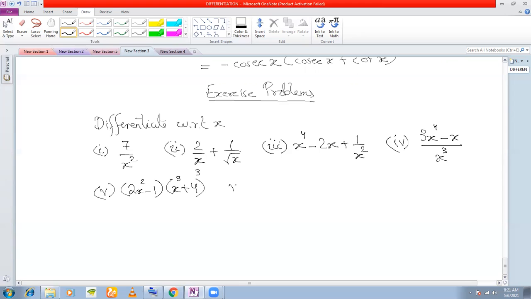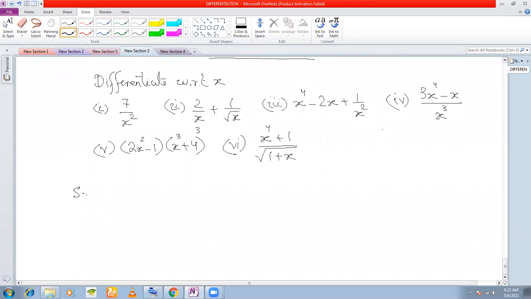And we have your sixth question as x to the power of 4 plus 1 by root 1 plus x. And one last question here is x plus 1 by x, or maybe I'll do this after chain rule. Six questions will be okay.